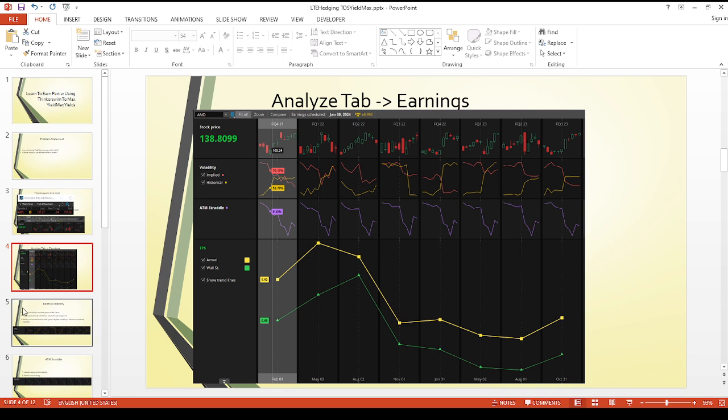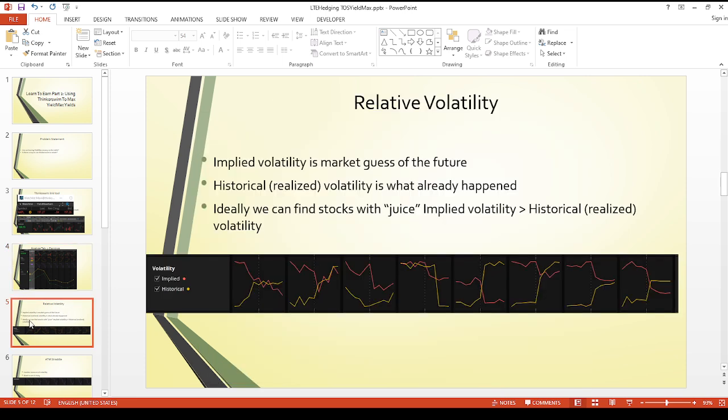So I just wanted to show you what each of these could potentially mean. The implied volatility is the market's guess of how big the movements are going to be for the stock, and the historical realized volatility is what actually happened.